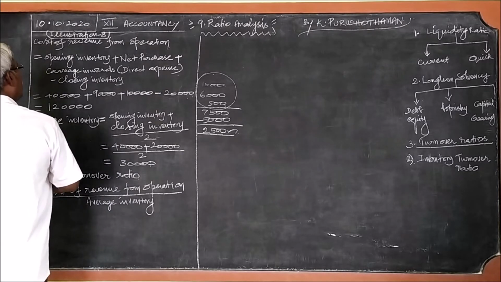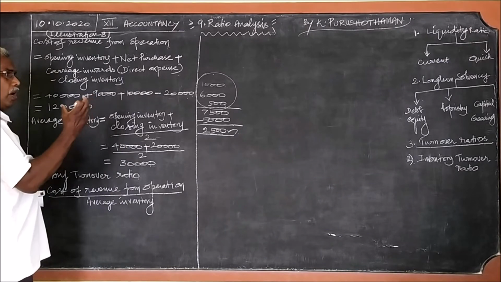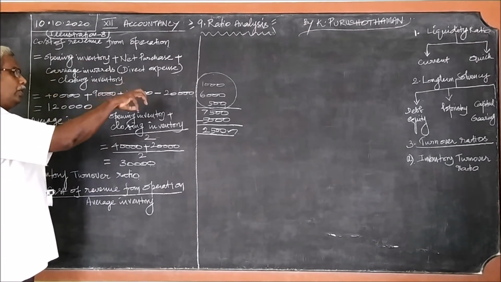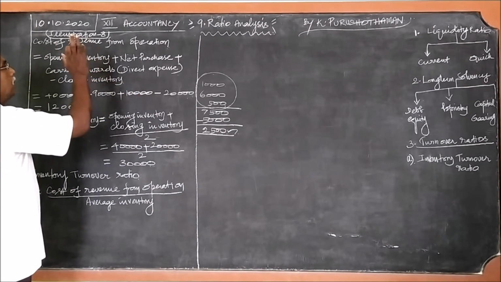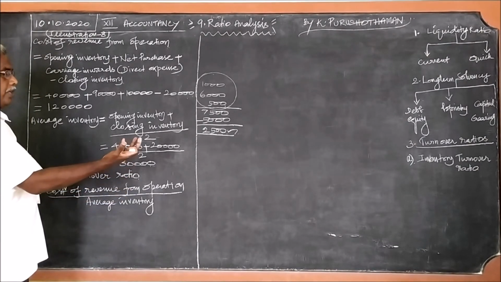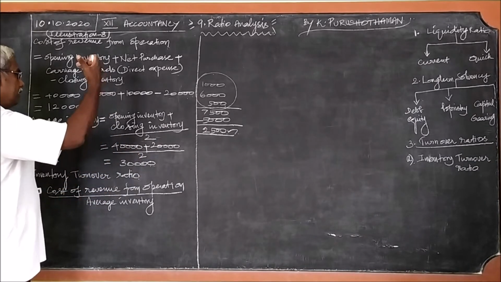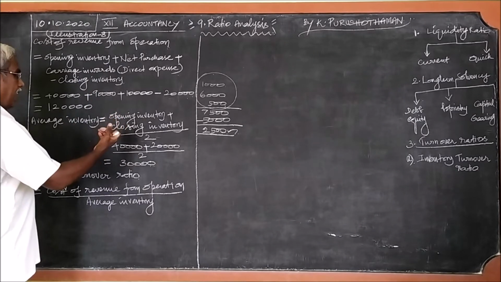This I told you, cost of revenue, that is the value of revenue or the amount of revenue got in the business. For that what we must do? We should take the opening stock, we should add the purchase, and we should add the expense, carriage inwards.